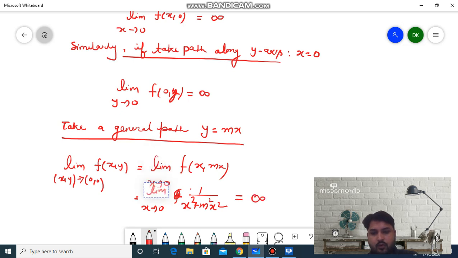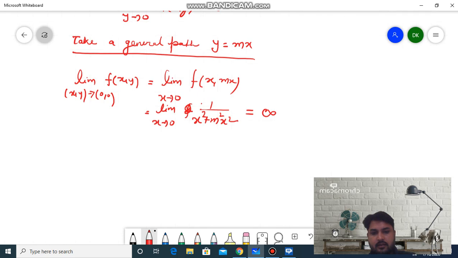So we can see from here that the simultaneous limit of f(x,y) is equal to infinity, but it is not equal to the value of the function, that is f(0,0), which is 0.